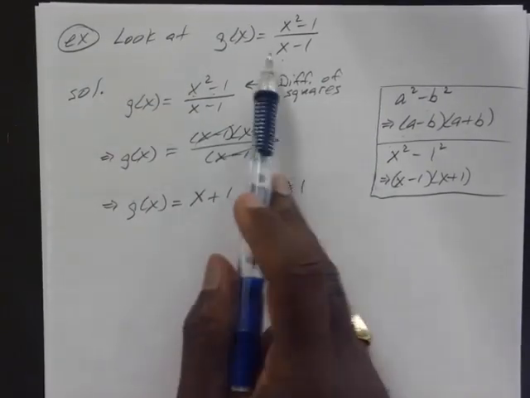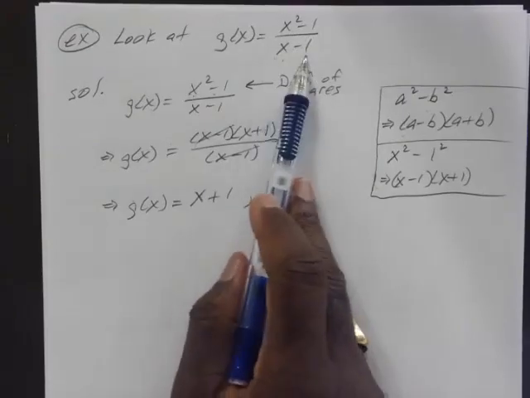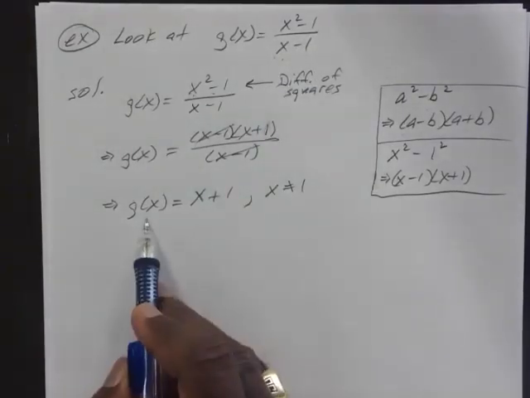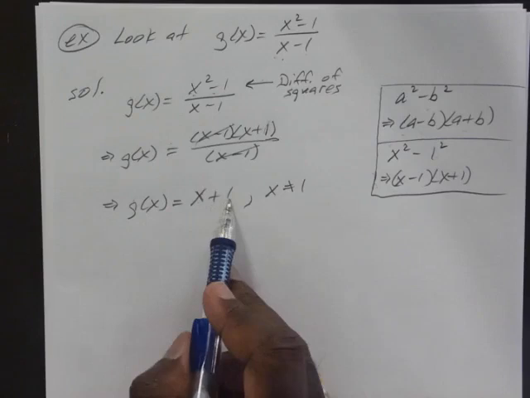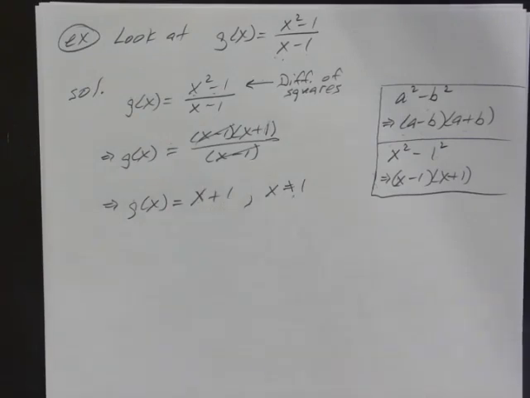So if we were to graph x squared minus 1 divided by x minus 1, it is the exact same graph of x plus 1, just 1 is undefined.